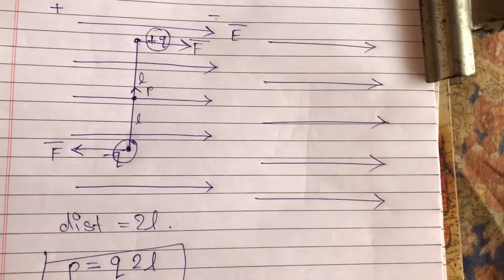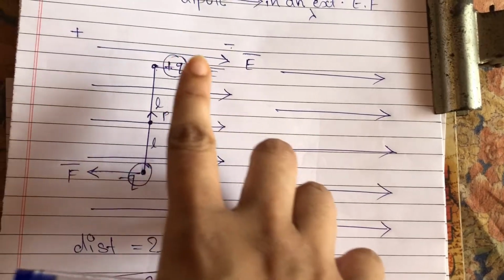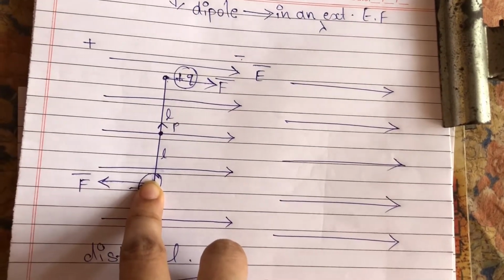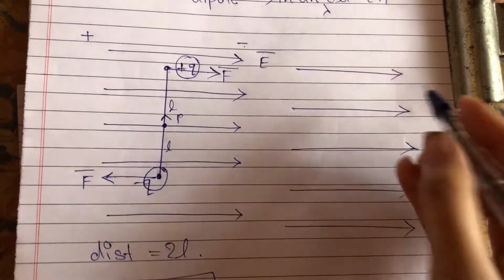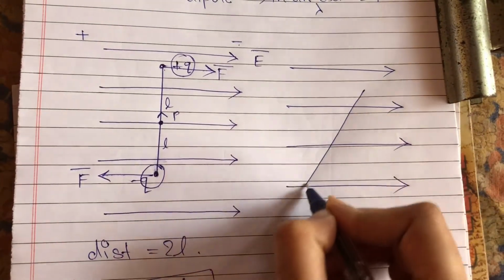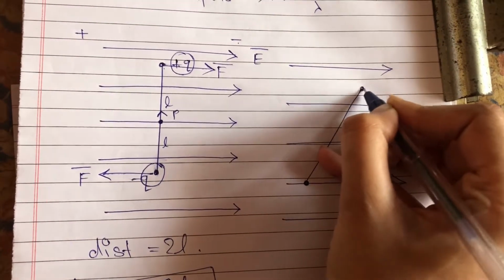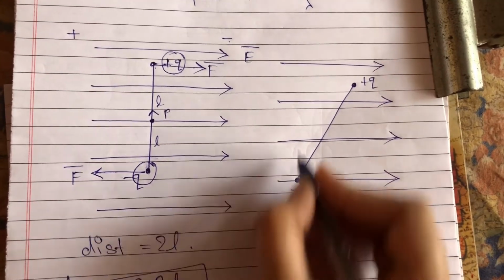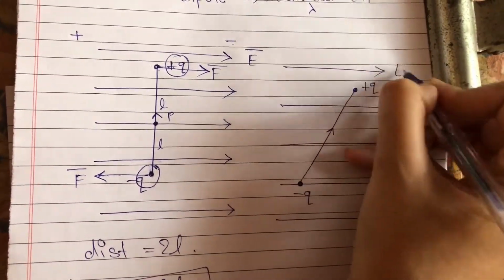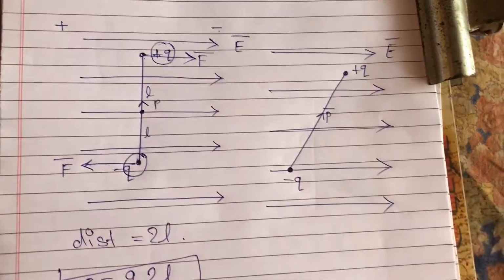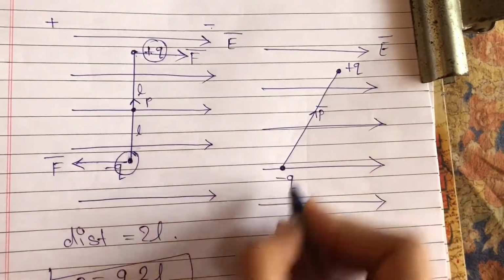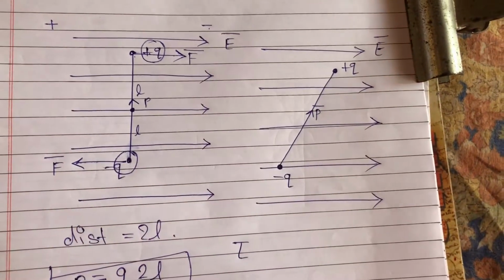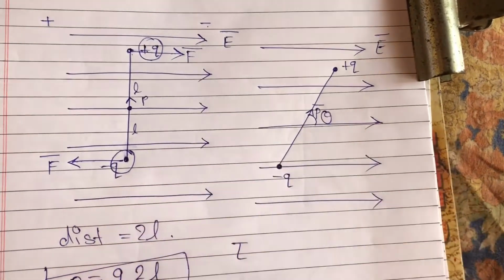You can also say that due to the external electric field, the dipole experiences torque and it rotates. This is the direction of your electric dipole. Now due to torque, this is the new position of the dipole, and here the angle is theta.